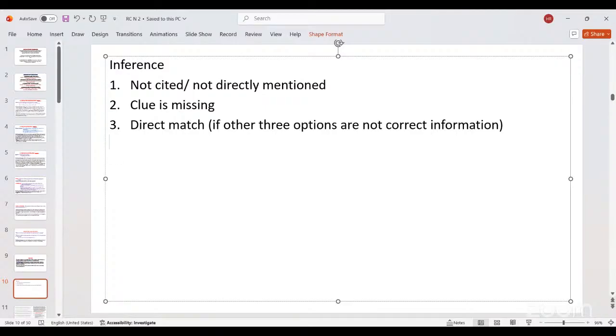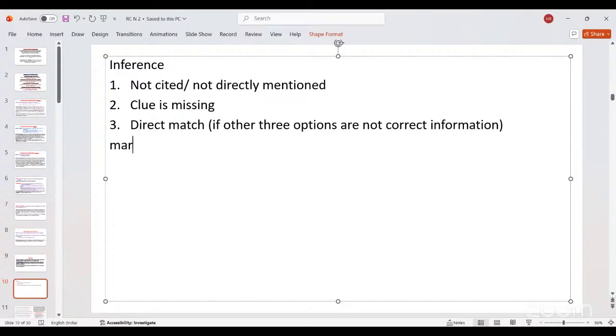Therefore, it needs patience. My suggestion is to deal with inference questions last. First deal with all other types of questions and then return to inference. But why have I started with it? Because almost 60 to 70% of the questions in your real exam will be inference, and therefore I started here.